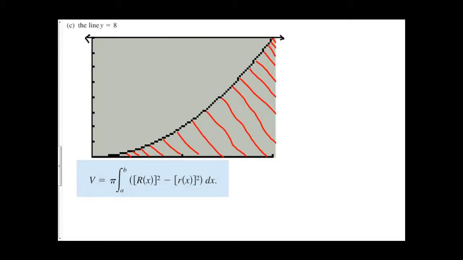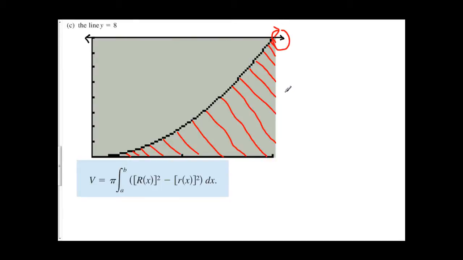Okay, now we look at the volume of the solid generated by revolving this region about the line y equals 8. Well, the line y equals 8 is a horizontal line. It's this line right here, and we're going to revolve about that line.